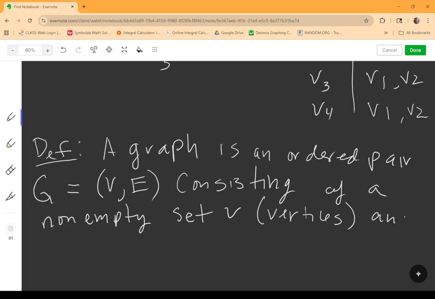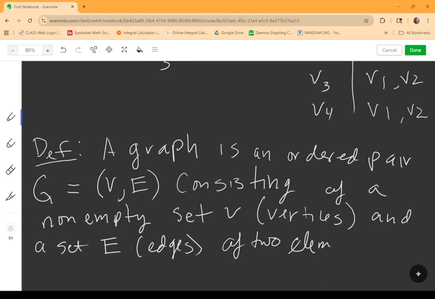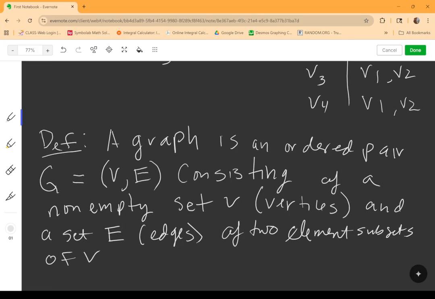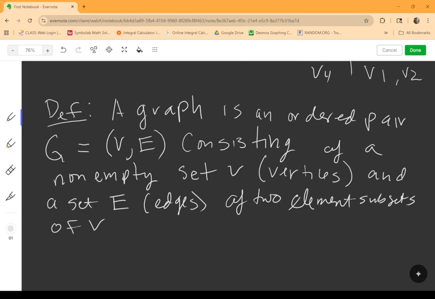and a set E, which represents the edges, of two-element subsets of V. Okay.